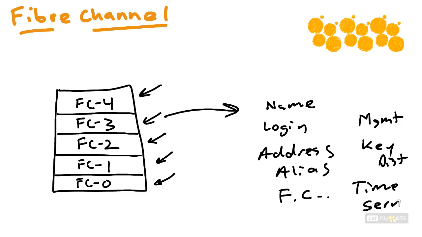Now, while a lot of Fibre Channel devices will provide many of these, like an MDS switch, for instance, from Cisco, it's important for you to realize that some of those functions can easily be provided by an external server.